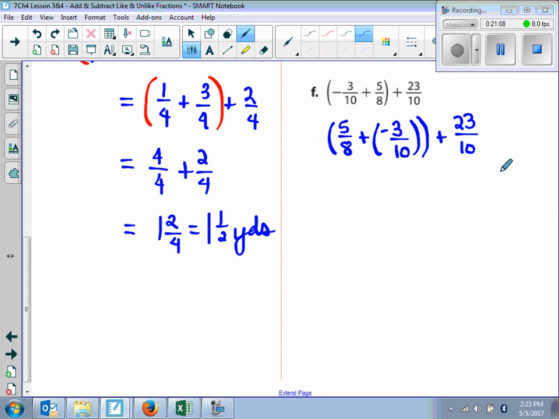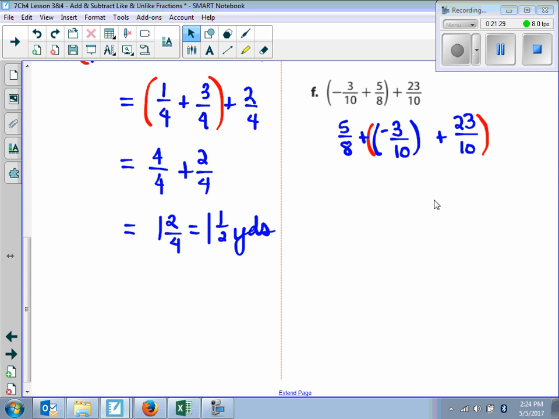Okay? So now what I'm going to do is take this set of parentheses and move them from the first two to the second two.